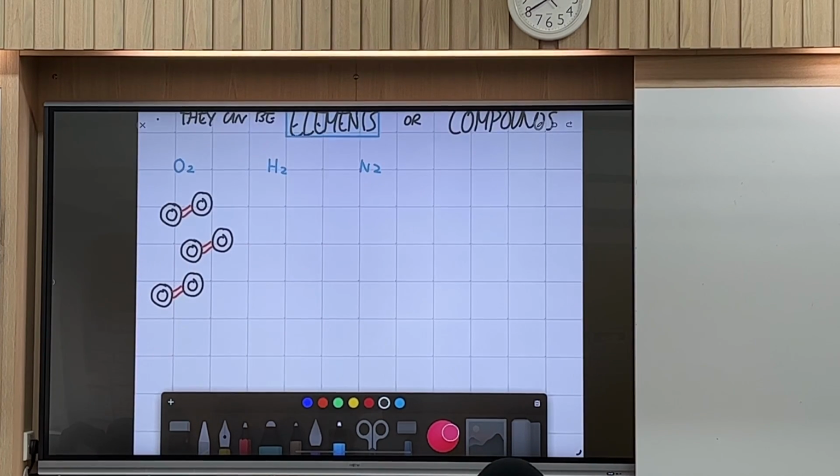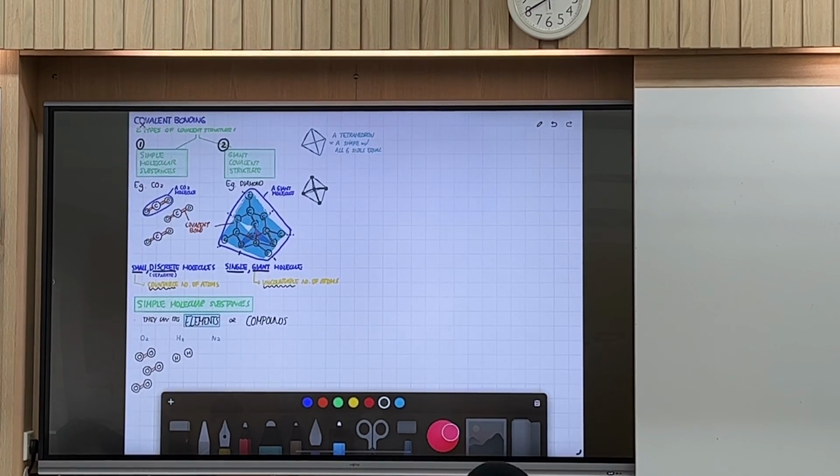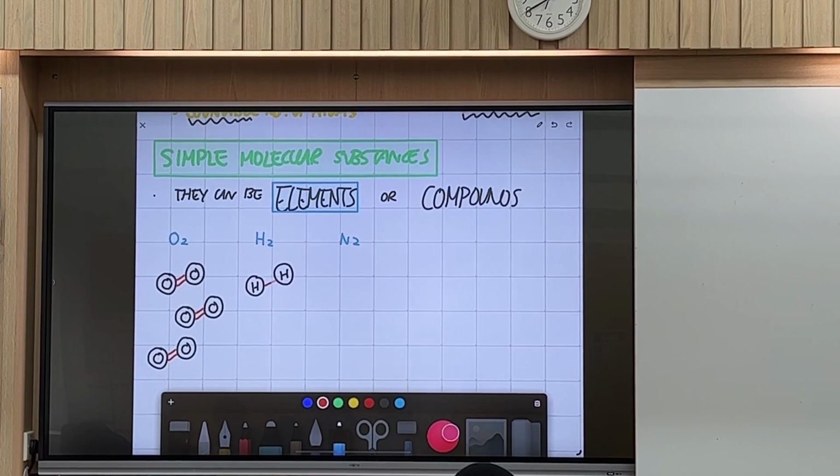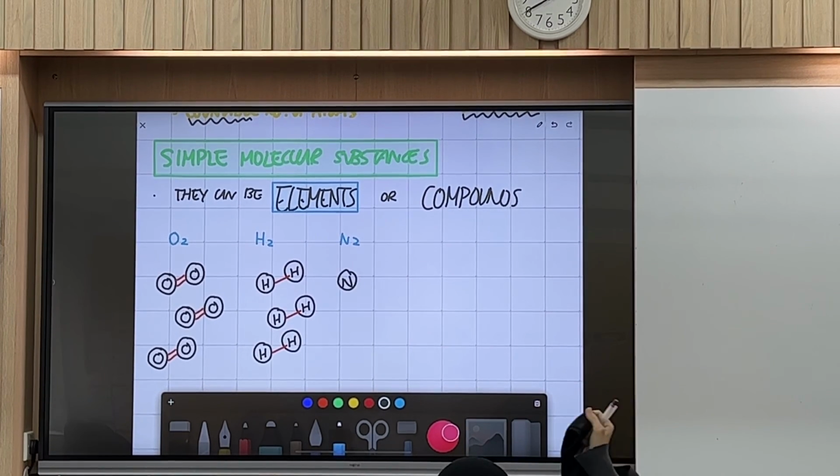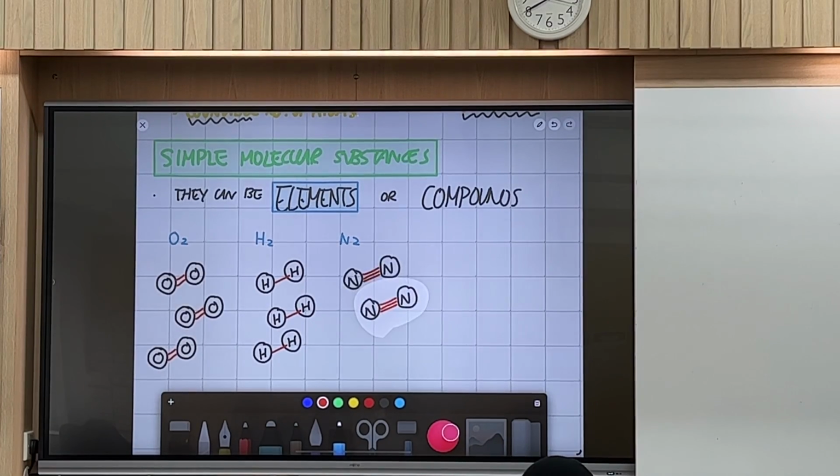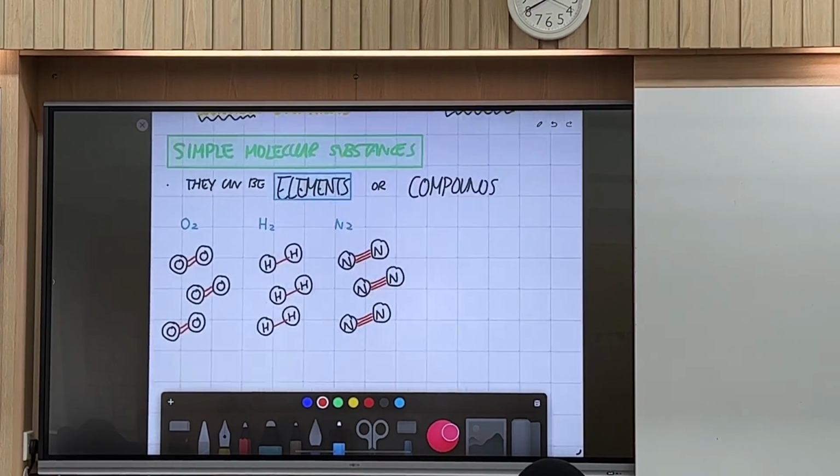And what about H2? How many bonds do hydrogen need to form to satisfy themselves? Only one. So this is why we draw only one line here. And finally, for nitrogen, can you draw 3 lines? I want you to think about this tonight. Why would nitrogen form a triple bond? Show me the explanation in the next lesson.